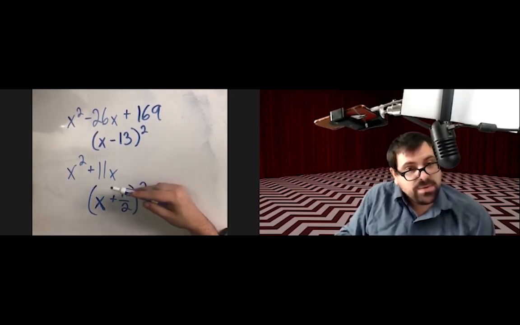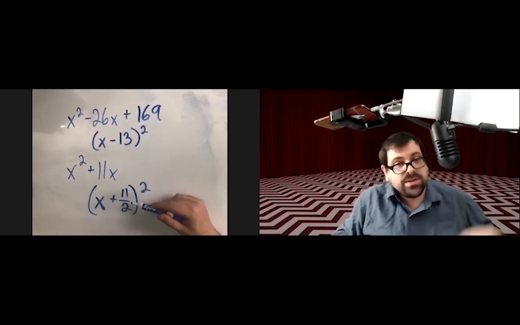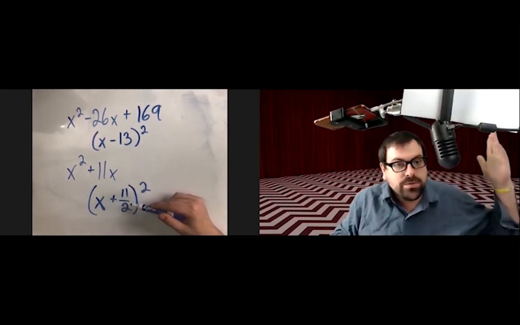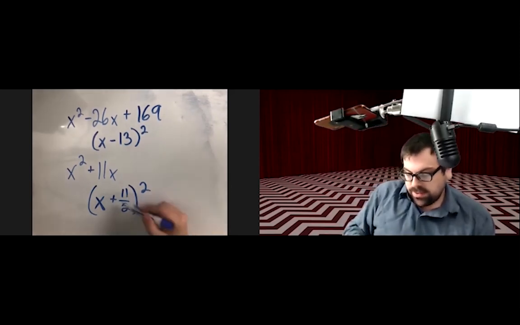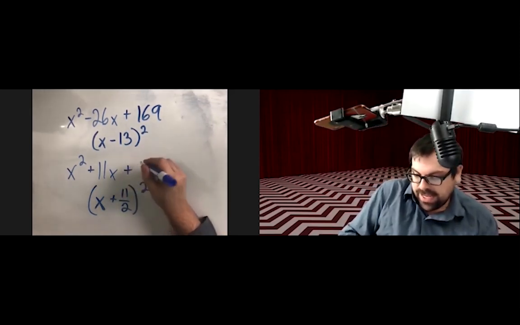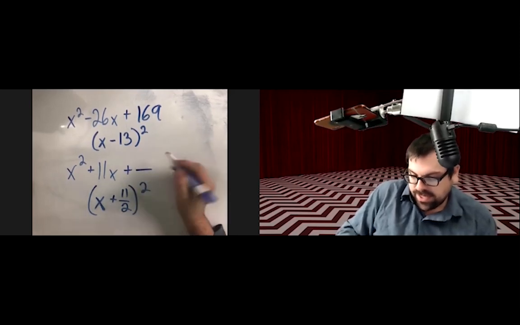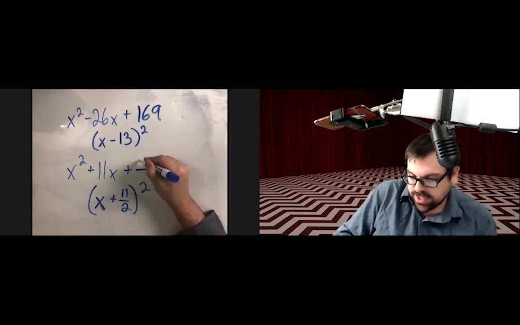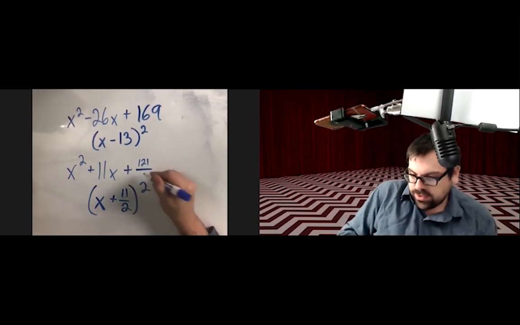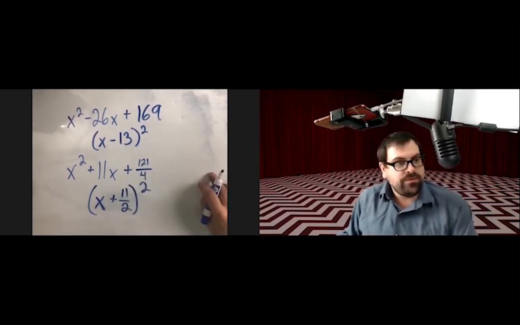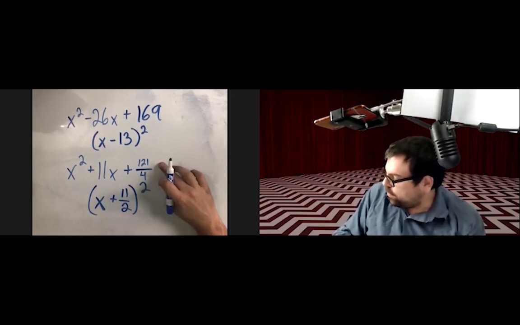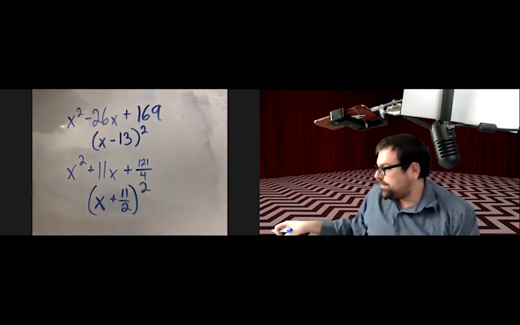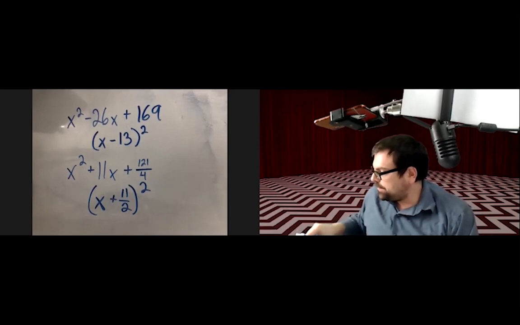Half means divided by 2. When all else fails, divided by 2. And then square. Squaring 11 halves is going to be a fraction. 11 squared on top, 121. 2 squared on the bottom, 4. So 121 fourths completes that square.